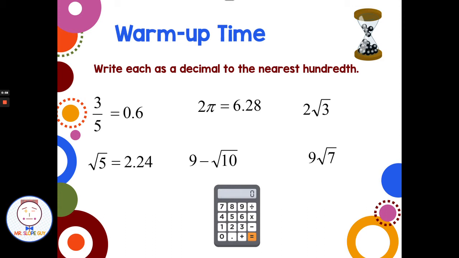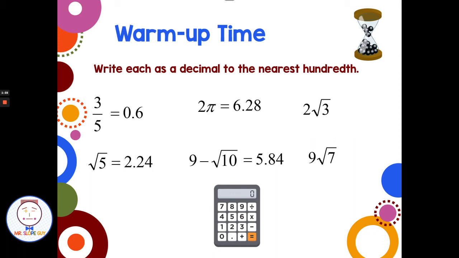Now I have 9 minus the square root of 10. Well, I'd have to find the square root of 10 and then take 9 and subtract it away. So take the square root of 10, write that number down, then do 9 minus that decimal. We should get 5.84. How about 2 times the square root of 3? They're written right beside each other, so that's going to be multiplication.